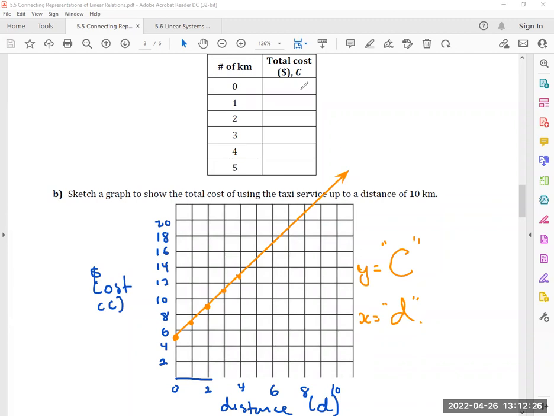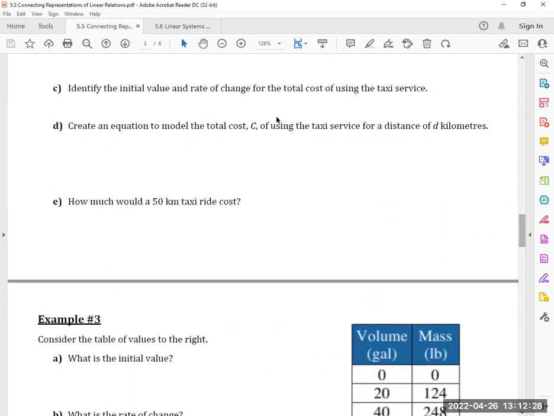So we've got, what is the initial value? It would be that $5, so B is equal to 5. What is the rate of change? That would be $2 per kilometer. And that's going to equal mathematically a 2 over 1, right? Which is just a 2.